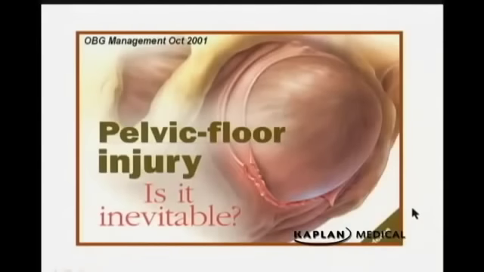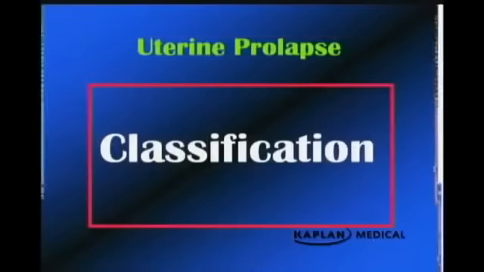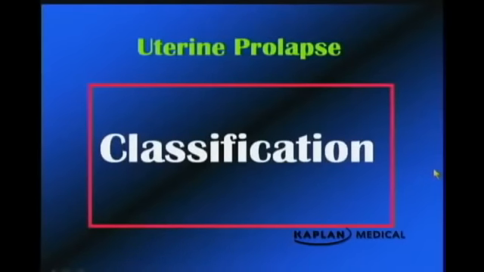And when you push a 9-pound baby through a pelvic floor, injury is not uncommon. That may not show up until years later. We'll talk more about this with elective cesareans.